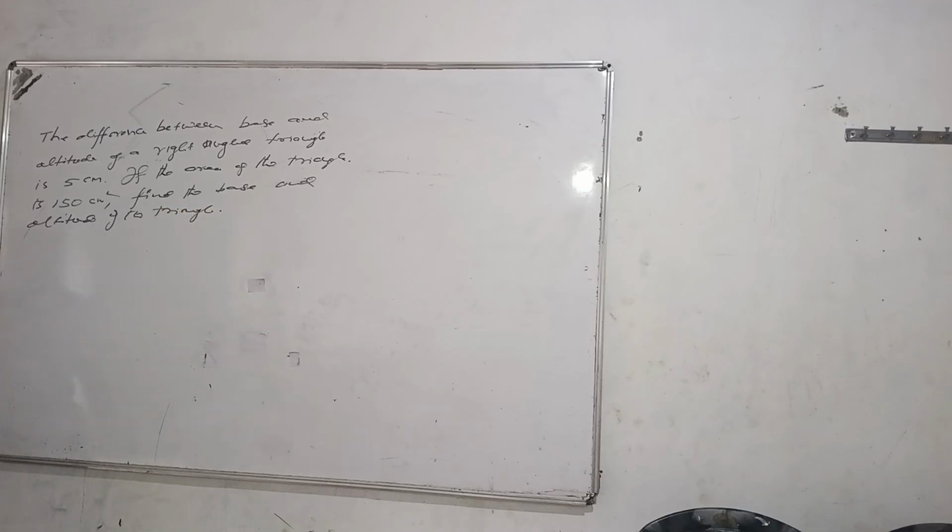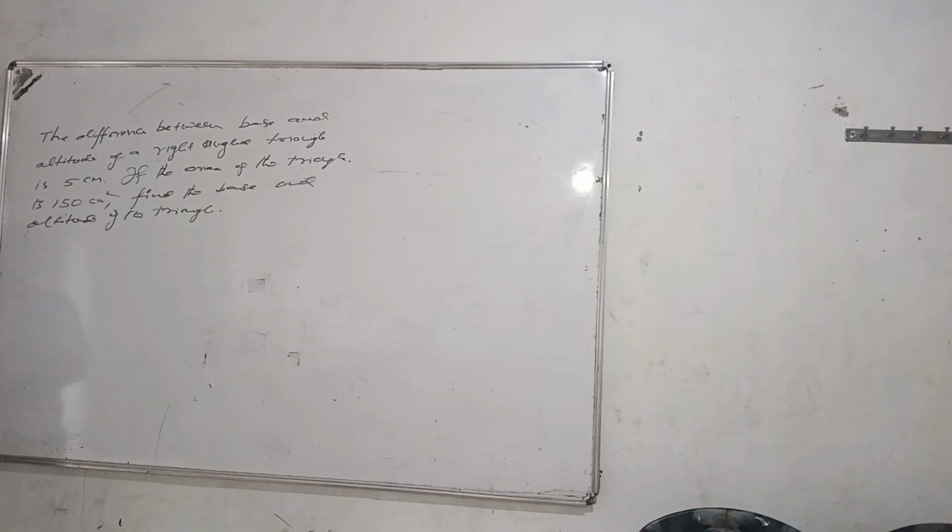So the question is, the difference between the base and altitude of a right angle triangle is 5 centimeter. If the area of the triangle is 150 centimeter square, find the base and altitude of the triangle.